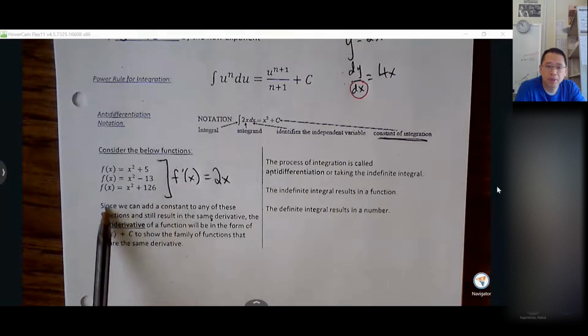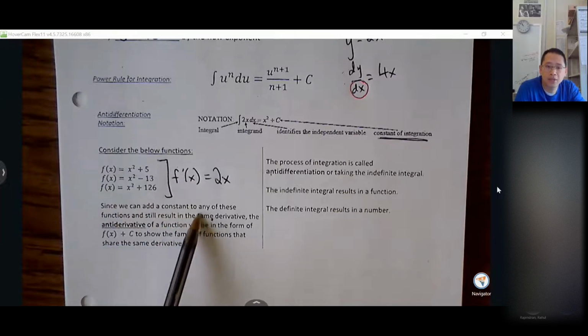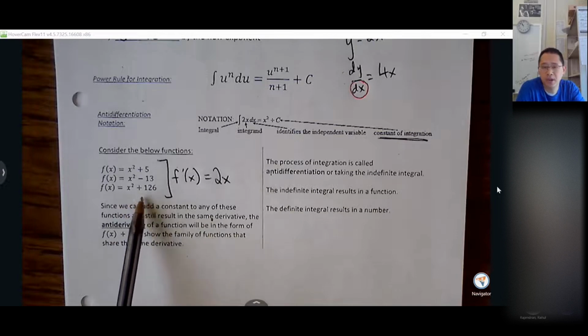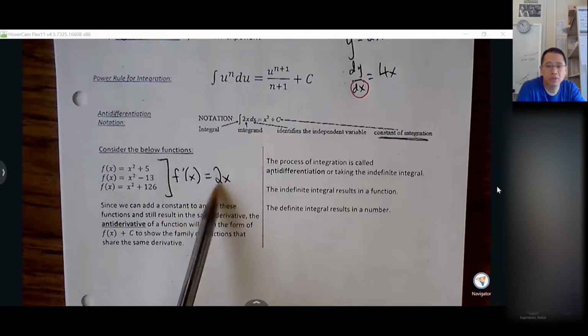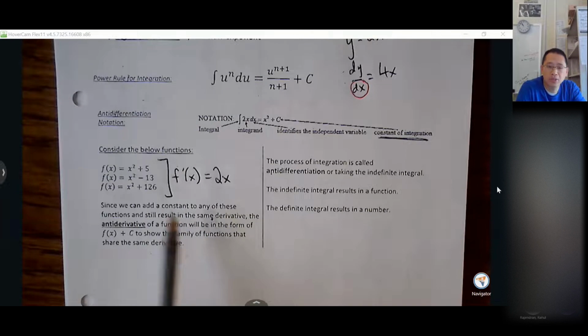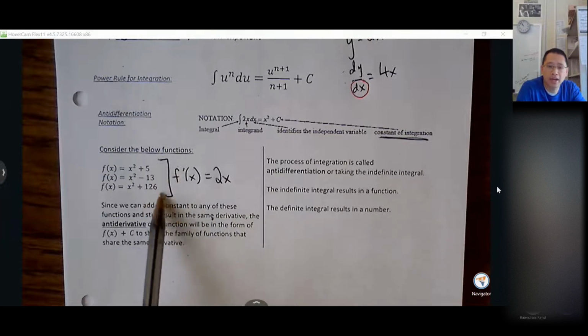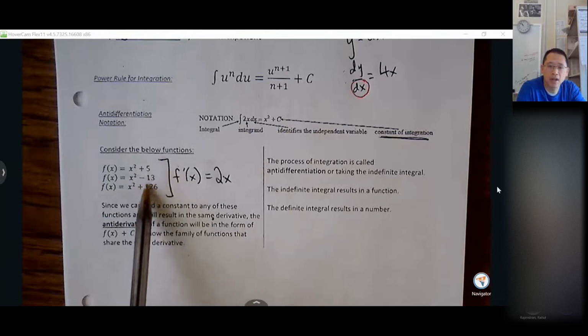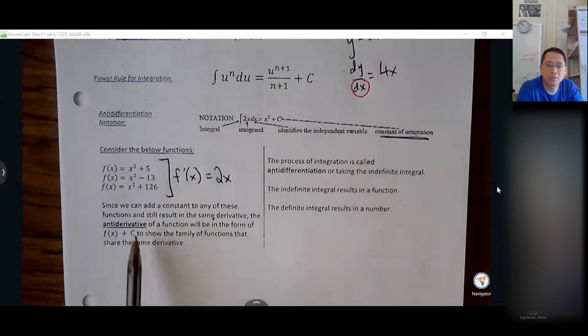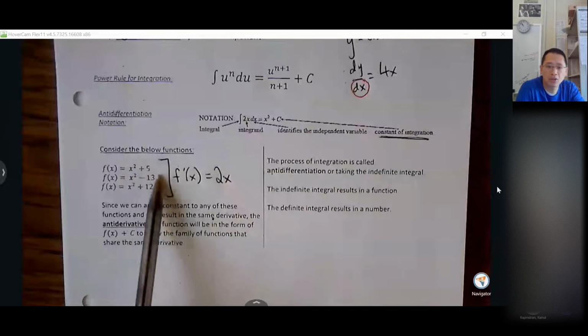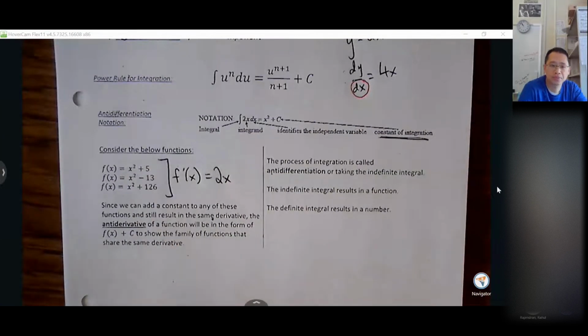Since we can add a constant to any of these functions and still get the same derivative, it could be x squared minus 50 and it will still give us 2x. We want to identify all the functions that share the same derivative, so that's why we have the form f of x plus c. That plus c indicates a family of functions that all share the same derivative.